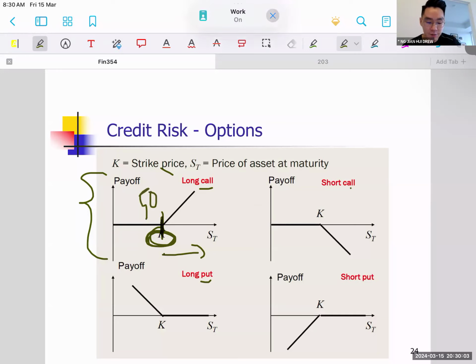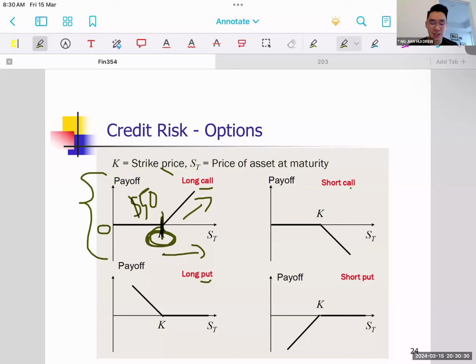If the price increases beyond 50, you're going to make a gain. This makes sense, right? That's why in the payoff structure we see a gain after the strike of 50, because remember, a long call is to buy a stock and you're longing the position.